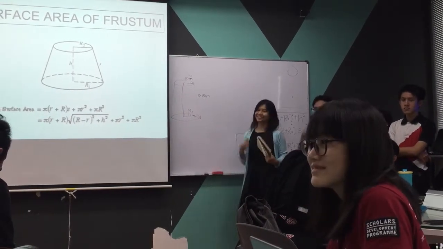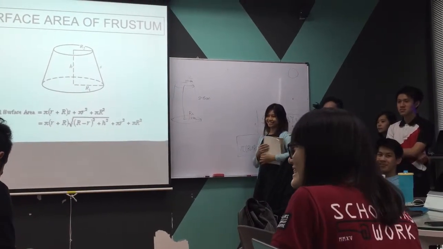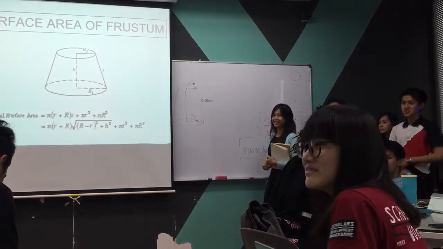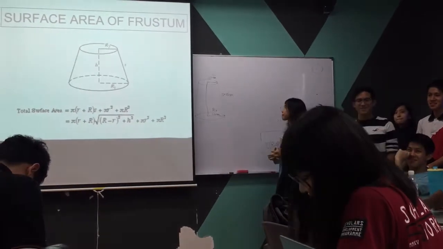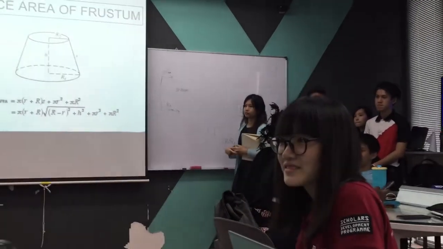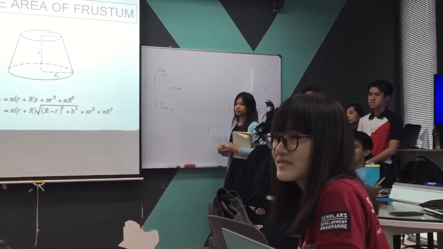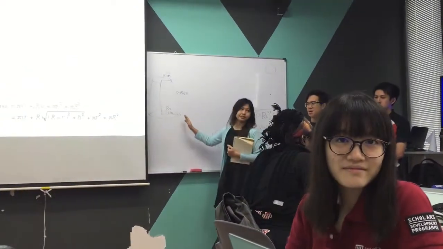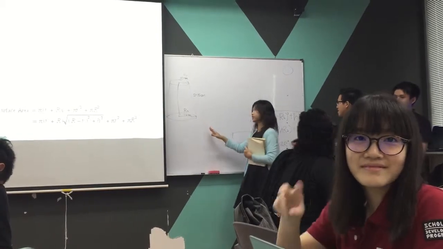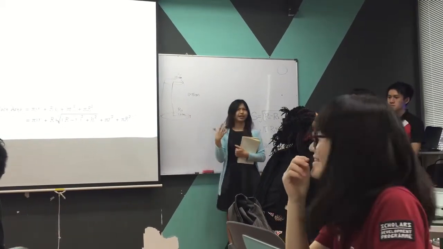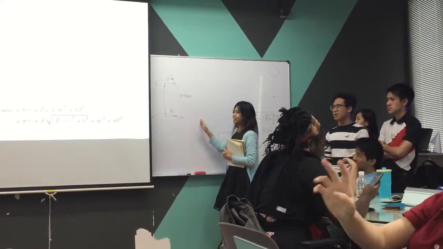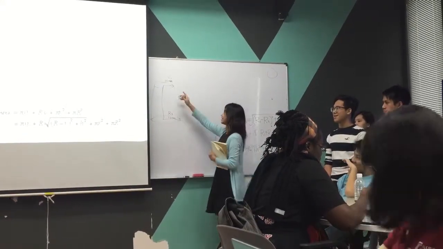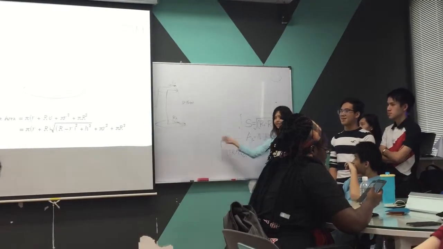So what is the difference between the first question and the second question? The first question is more directed because it's given the height. But the second question is not so directed because it gives you the slanted height.